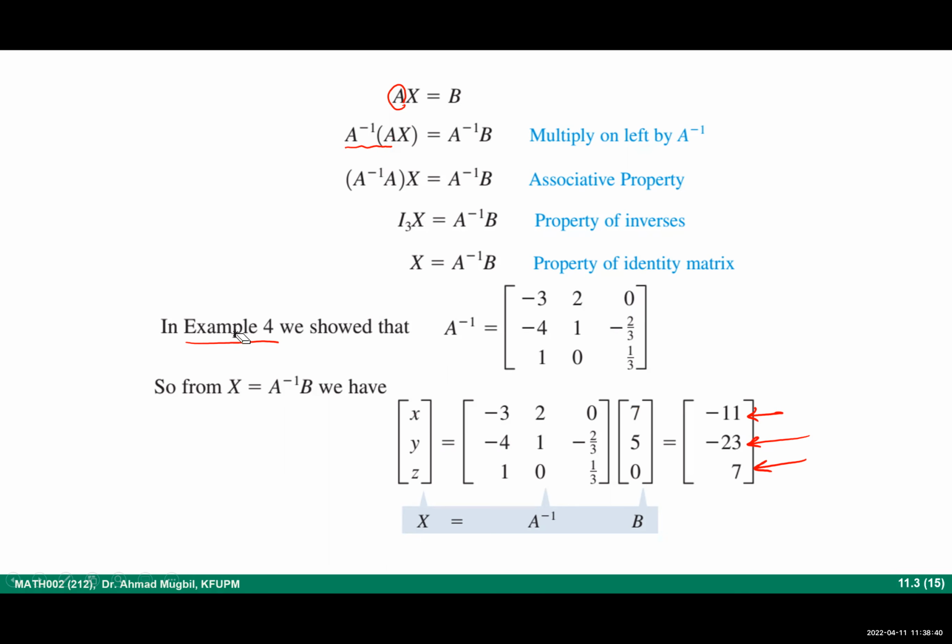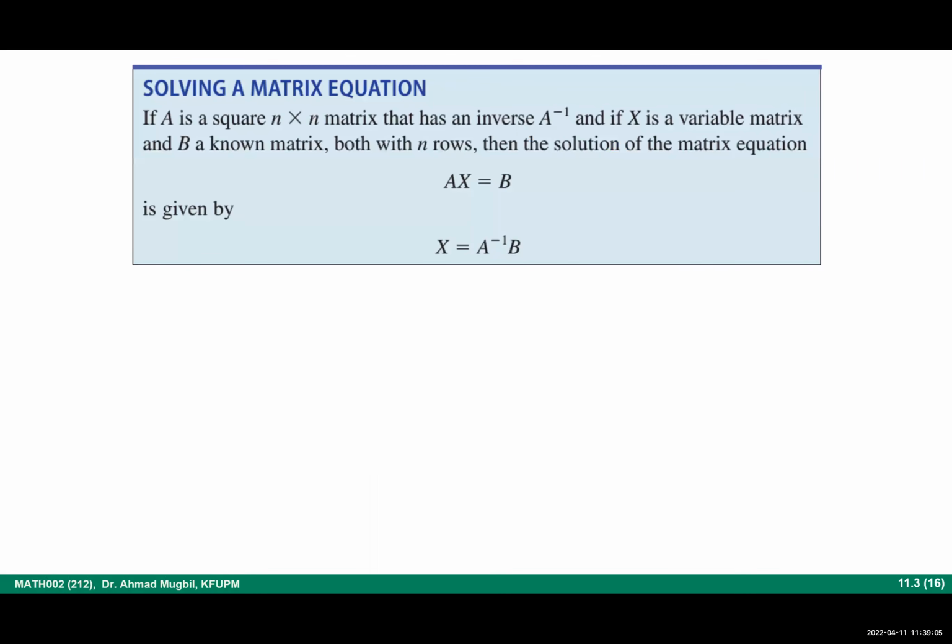Again, it is of course longer than Gaussian elimination. So don't use it if you can use Gaussian elimination, unless you are forced to. Usually, if they give you a system to solve using this method, it will be 2 by 2, or 3 by 3 at most, because the process of finding the inverse is a little bit long.